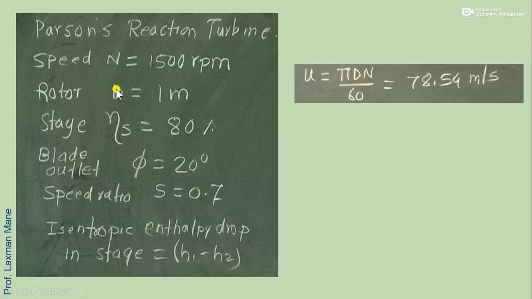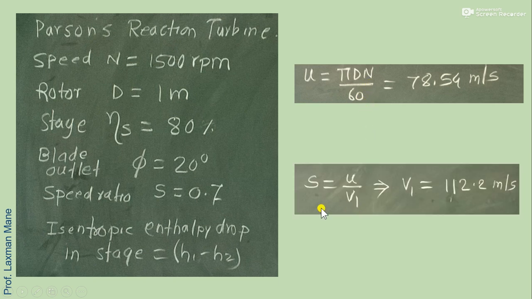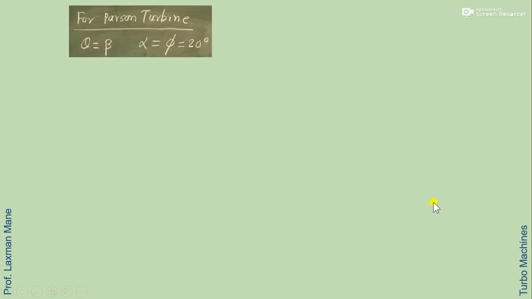First of all, from the diameter and speed, we can find blade velocity, that is pi D N by 60. Then by using the value of U and the value of speed ratio, we can obtain absolute velocity V1. As the problem is of a Parsons turbine, theta is equal to beta and alpha is equal to phi.